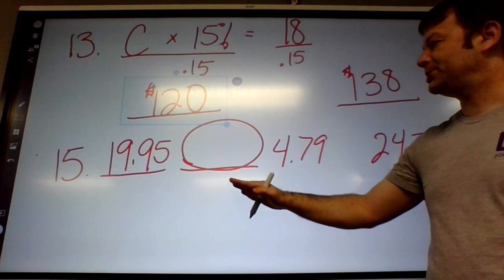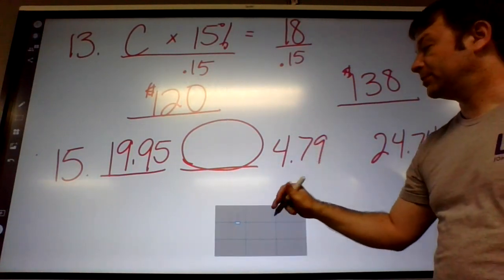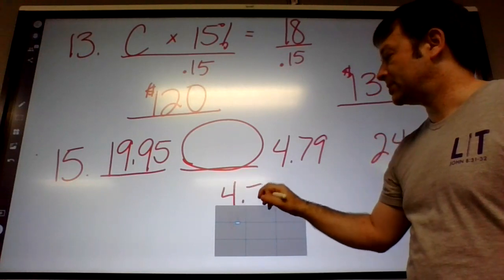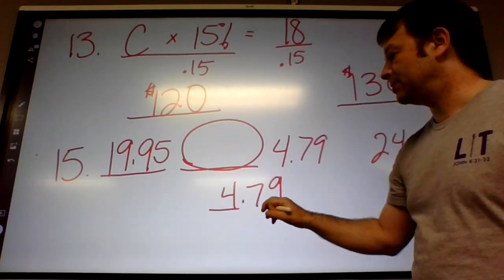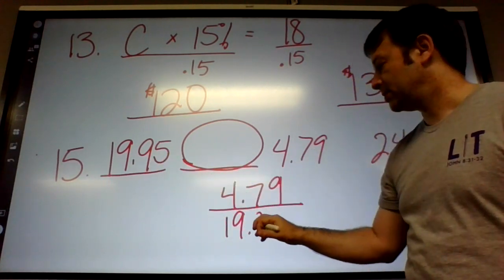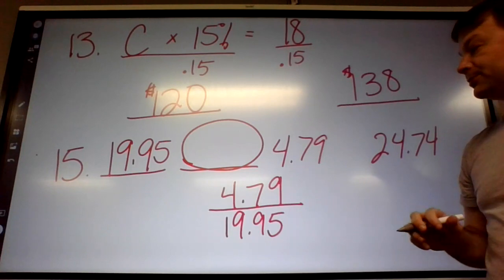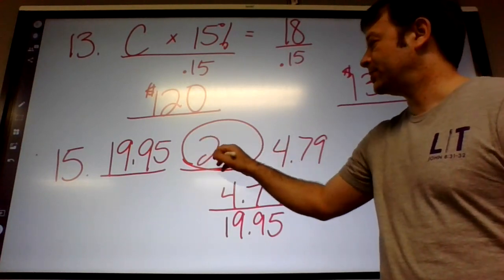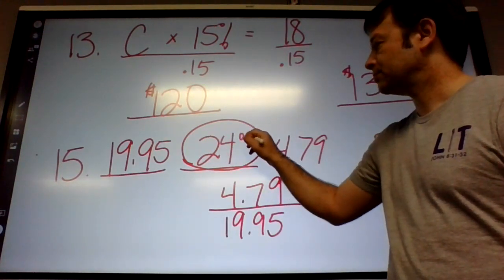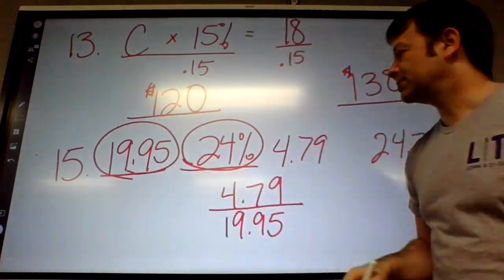What's the change? That's this guy, that's how much it's going to go up. $4.79. What's the original? That's this guy. So, 0.24. Okay, 0.24, but guess what? 24%. We need to change it to a percent. So those were the two blanks.